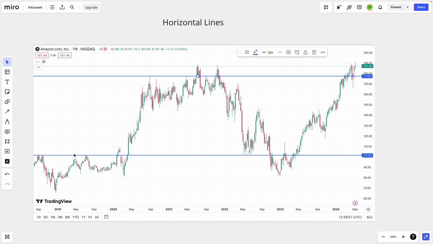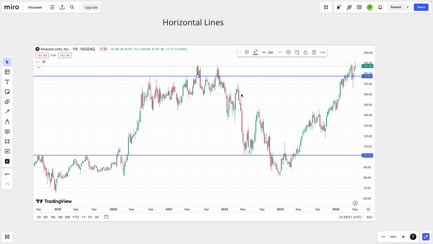So this is a resistance, and then it broke out of this line and started to trend up very significantly. Then we have another horizontal line here at a price of 177. You can see it's acting as another resistance line. The price comes and meets it and comes back down, meets it, goes over a little bit, comes back down. So it's a clear horizontal line here.